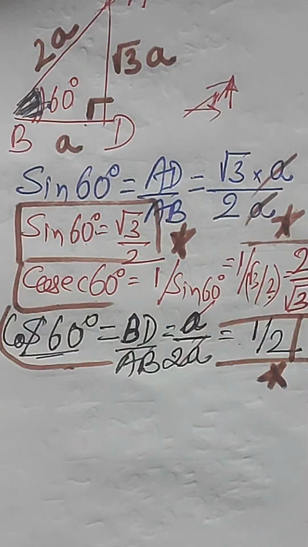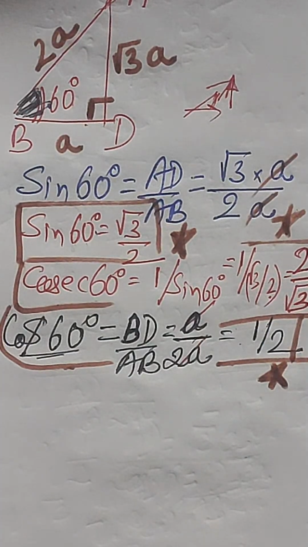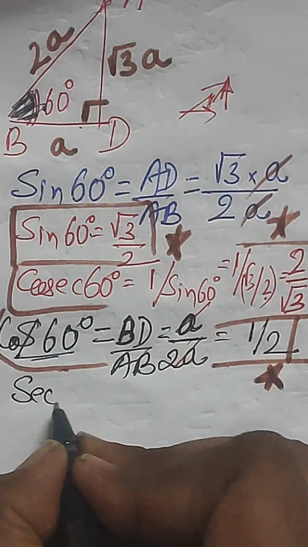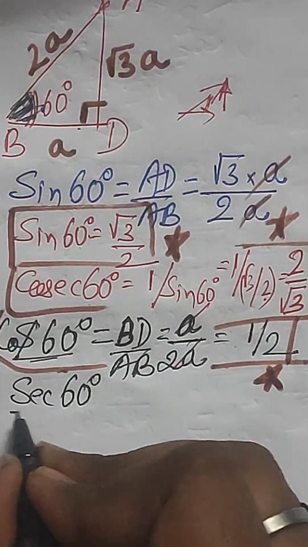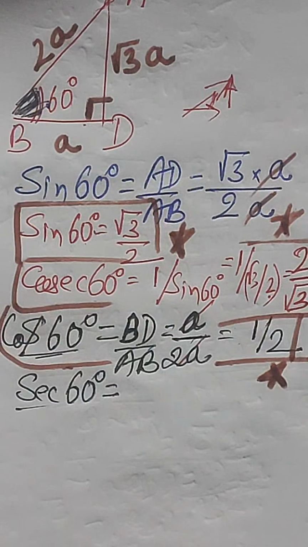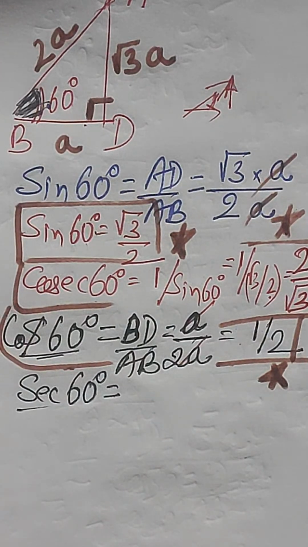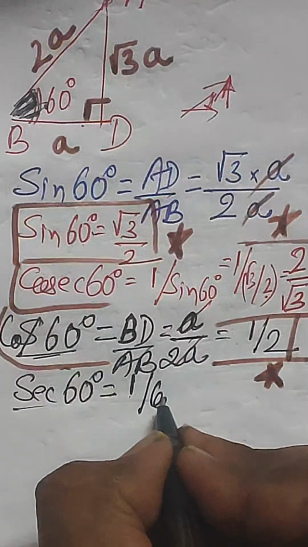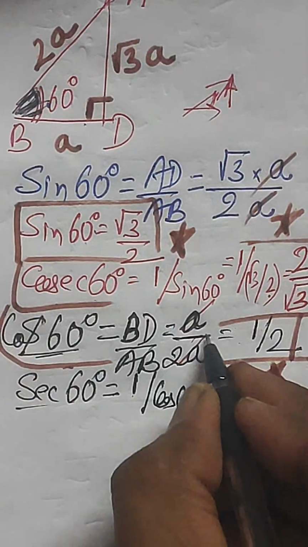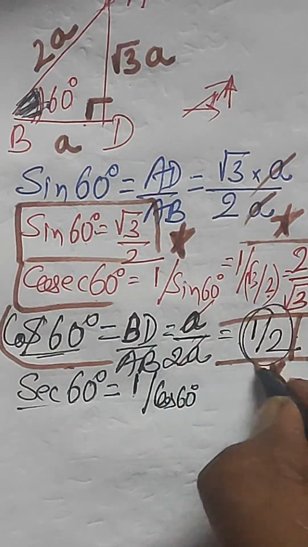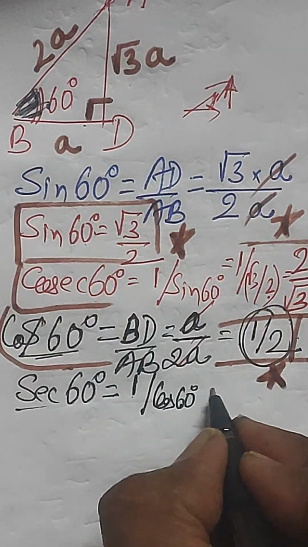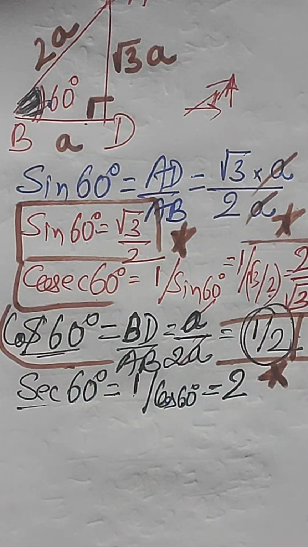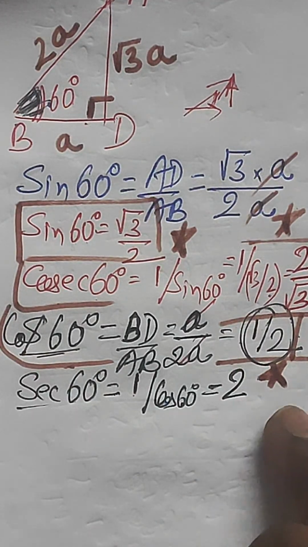Perfectly fine. Now if you have calculated the value of cos 60 degree, why don't you calculate the value of sec 60 degree? It's simple, just the reverse of that. So sec 60 degree will be 1 by cos 60 degree, and just put the value of 1 by 2 into the denominator, then 2 will be coming upward, and the value of sec 60 degree is equal to 2.